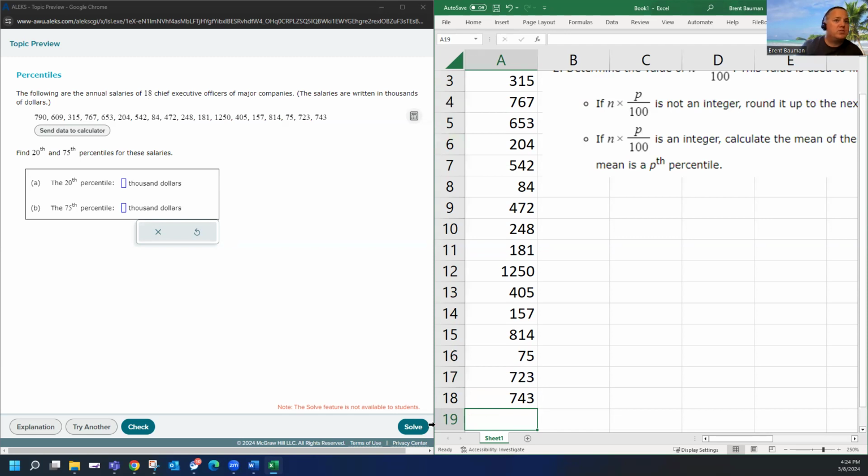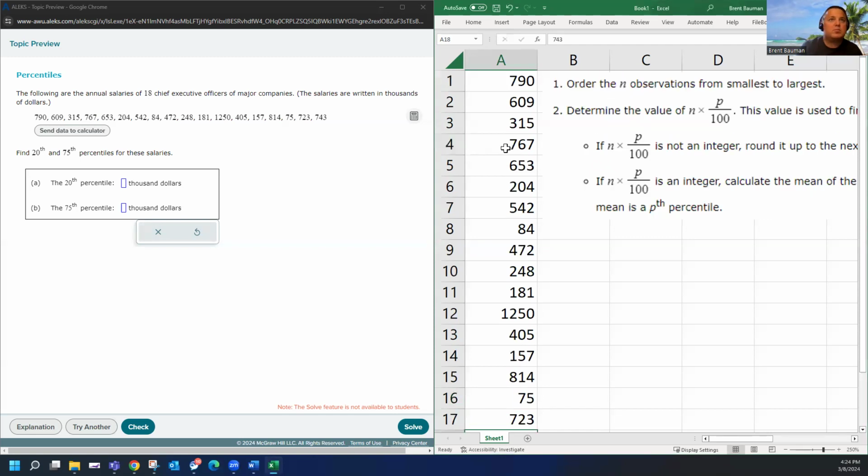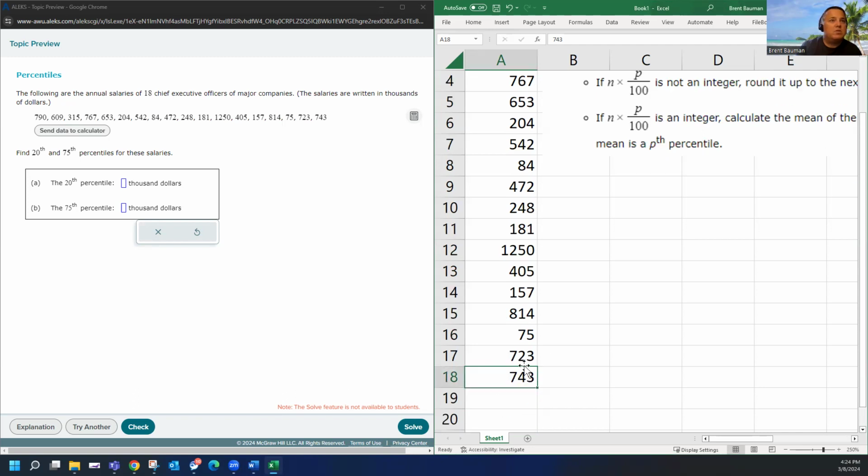Okay, and it's telling us there's 18. We're down to the 18th row here, so that's pretty good, but I'm just going to double check my numbers. 790, 609, 315, 767, 653, 204, 542, 84, 472, 248, 181, 1250, 405, 157, 814, 75, 723, and 743.